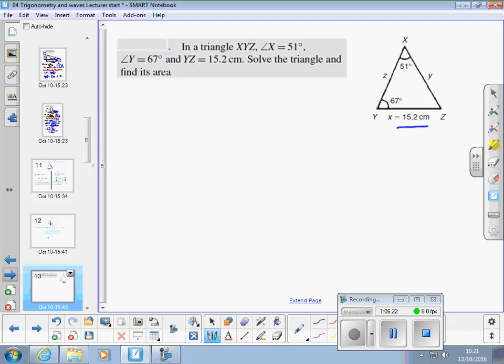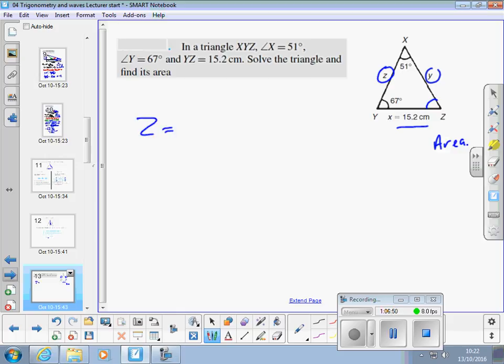Solve the triangle, i.e. find all the angles and all the sides, and find its area. So we need to know the angle Z, the side y, the side z, and the area. What's the first and easiest thing to find?